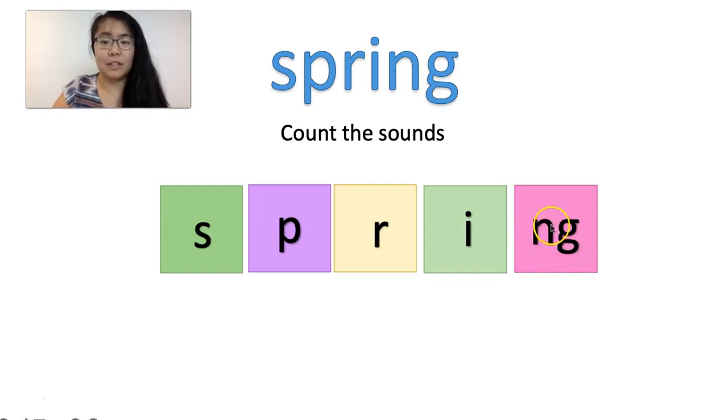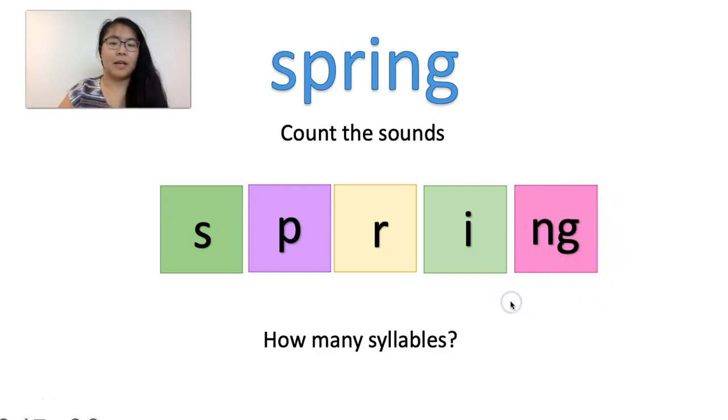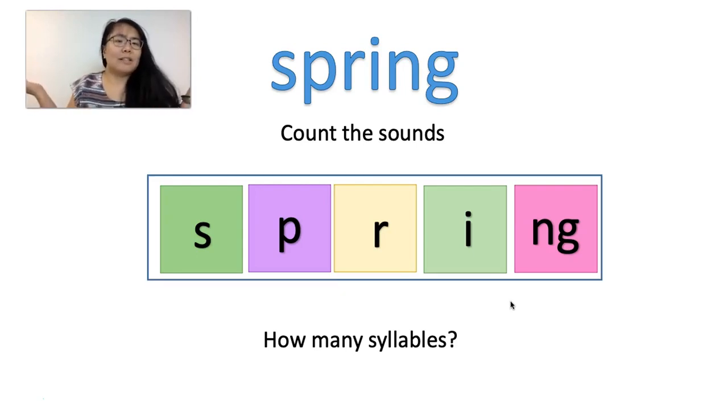It's a consonant team. So how many syllables in the word spring? 1 syllable. It's a lot of letters. It's 6 letters, but it's 1 syllable.